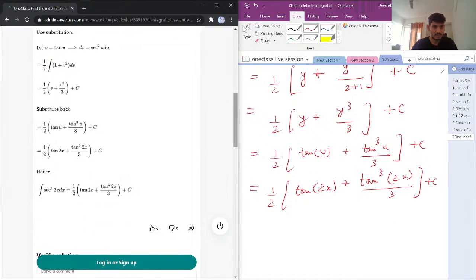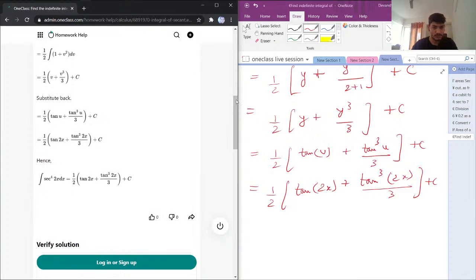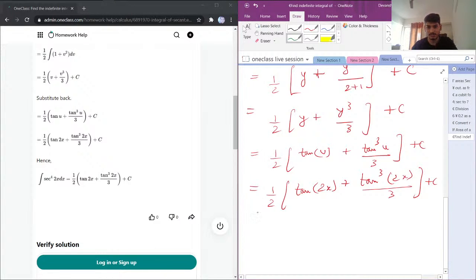Let's see what is the solution given. So 1 over 2 tangent of 2x plus tangent cube of 2x over 3 plus c. Just for checking, we can differentiate this answer again and see if we get the same thing or not.